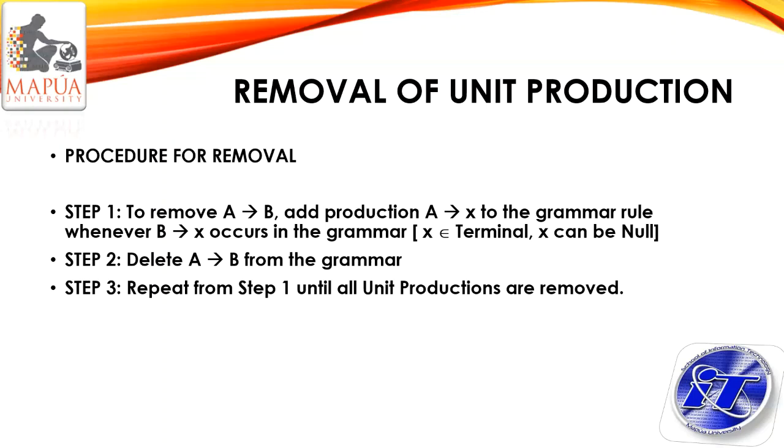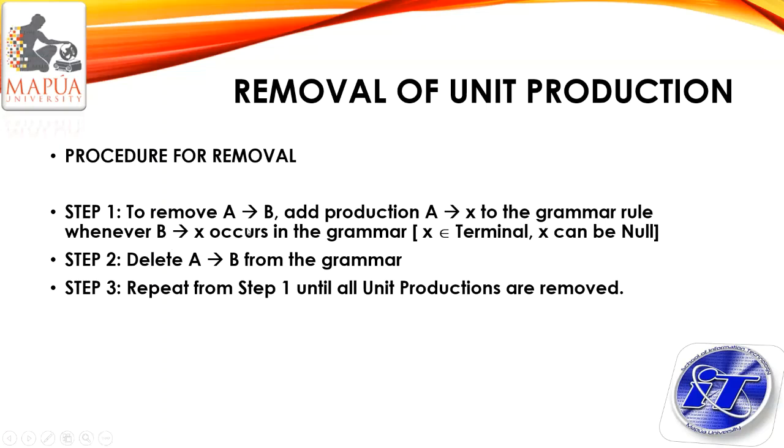To remove A maps to B, add production A maps to X, wherein X is a terminal symbol, or it could be null, whenever B maps to X. So there are two rules: A maps to B and B maps to X, wherein X again is a terminal symbol.